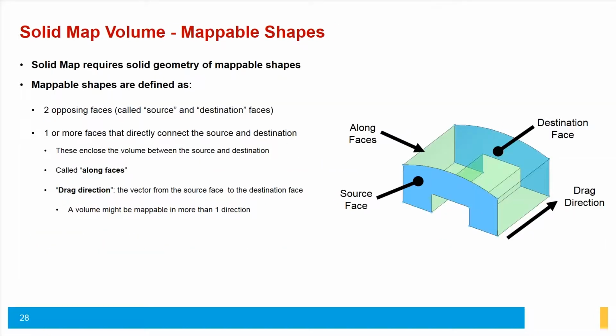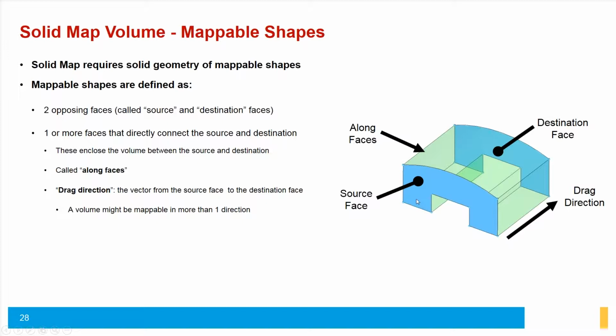Then when we're talking about mapping, we're going to grab a geometry, and we're going to have what we call a source face and a destination face. Technically the software is going to do most of the work, but you're essentially going to be generating a 2D mesh on the face of this, and then extruding, or dragging, that mesh through the geometry to the destination face, and that'll generate 3D elements through the actual geometry that you're working with.